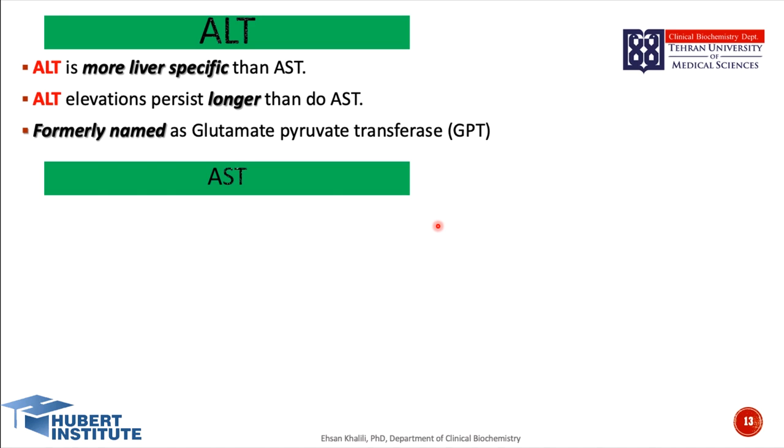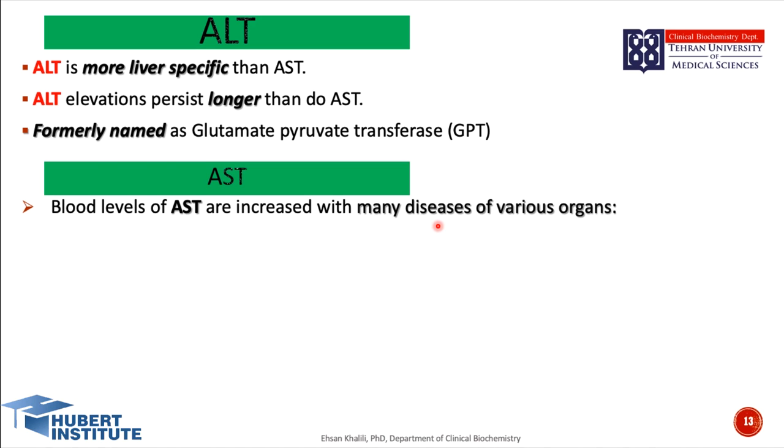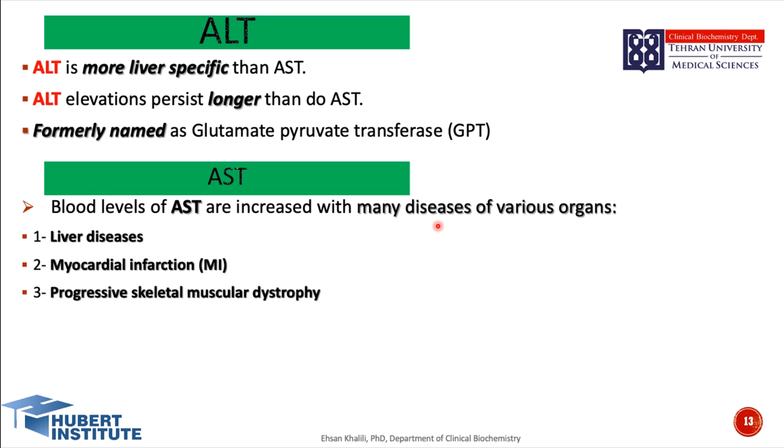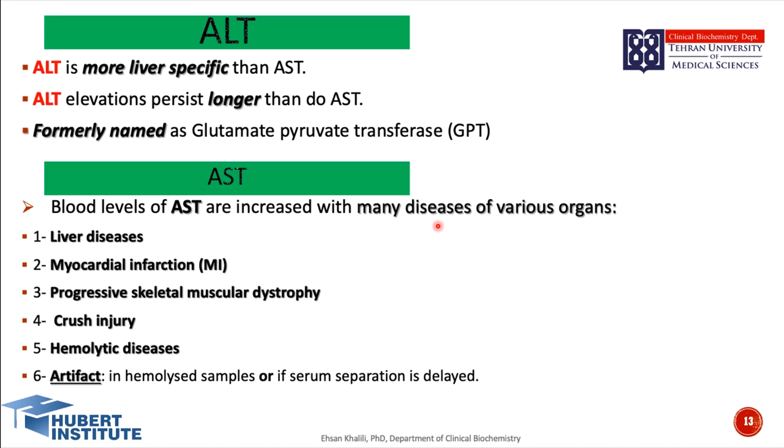And about the properties of AST: the blood level of AST is increased in many diseases of various organs, like liver disease, myocardial infarction or MI, progressive skeletal muscular dystrophy, crush injury, and hemolytic disease. An artifactual increase comes from a hemolyzed sample or delayed serum separation, because our red blood cells are full of AST, and in hemolysis they release their AST contents into the blood circulation.